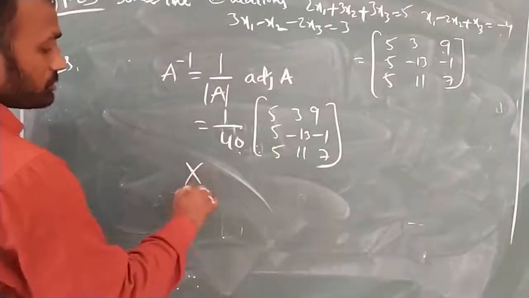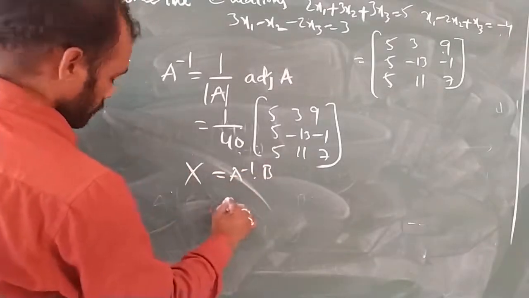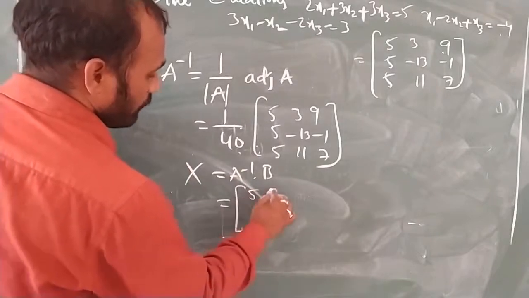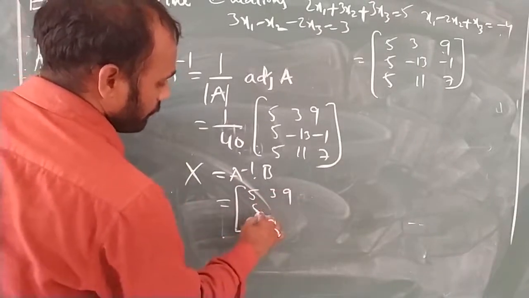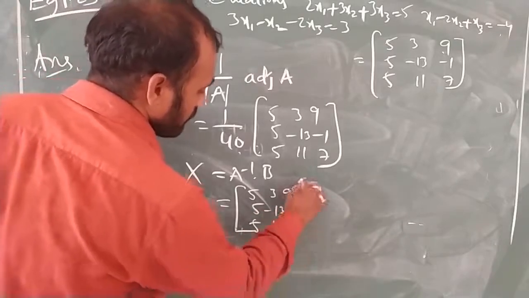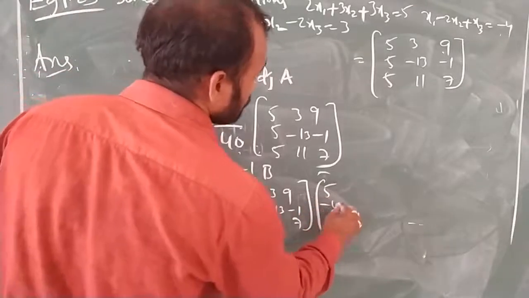Next, by using the matrix inversion method, X is equal to A inverse into B matrix. We need to do the multiplication: A inverse matrix into the B matrix 5, -4 and 3.